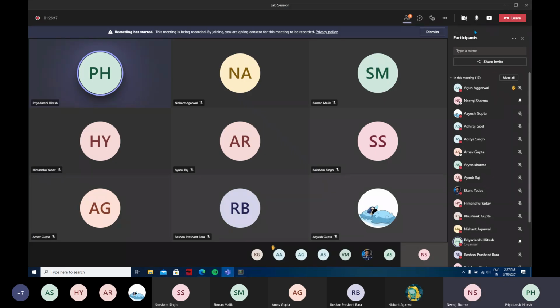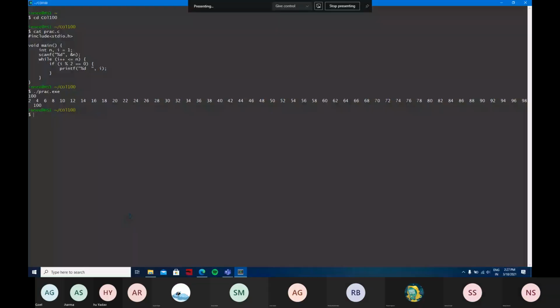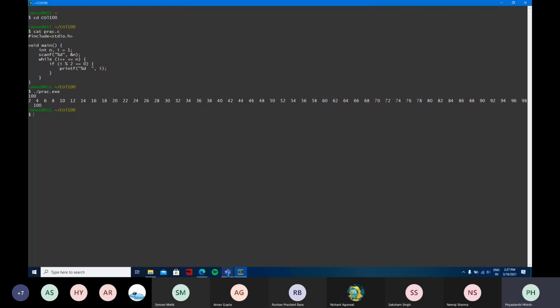The screen is currently being shared. Should I stop sharing and share it again? Yeah. Right now it's not being shared, right? Okay, I'll share it again. Yeah, now I can see it. Wait.